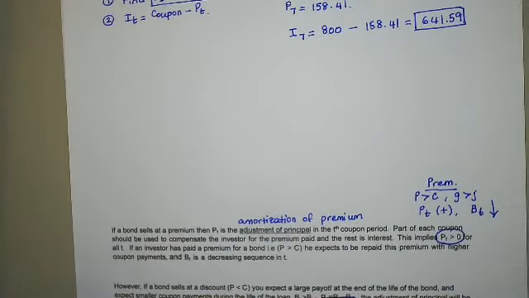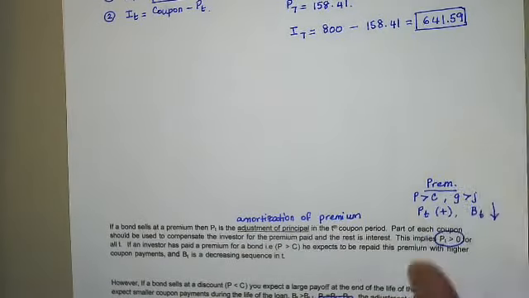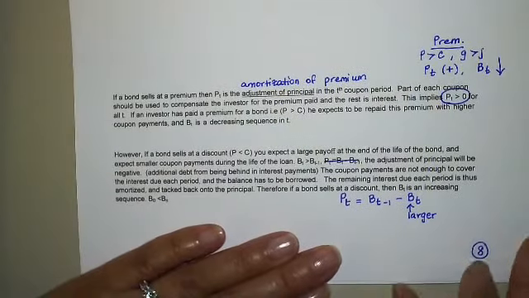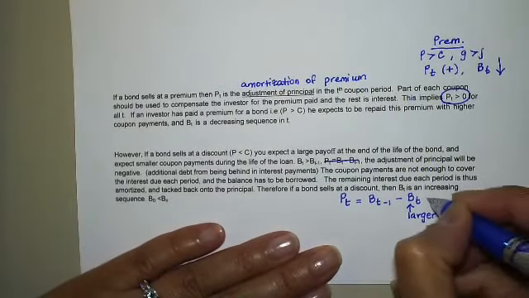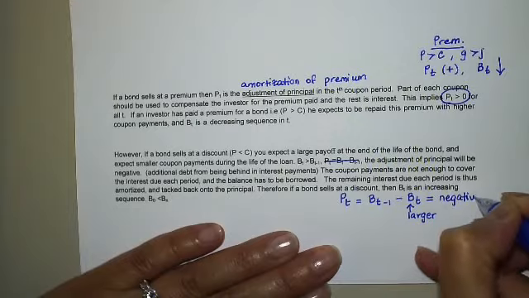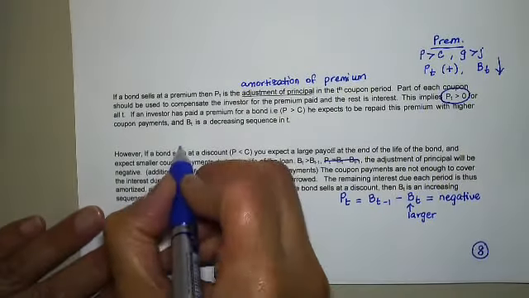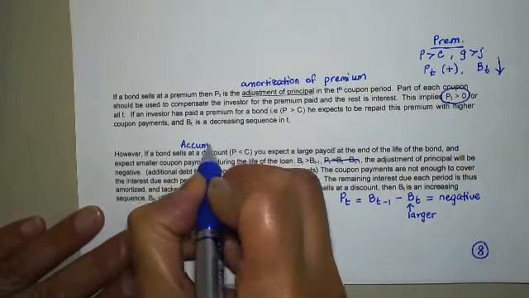P of T is equal to B of T minus 1 minus B of T. And since this one is larger, P of T will be negative. Only in the case of discount.